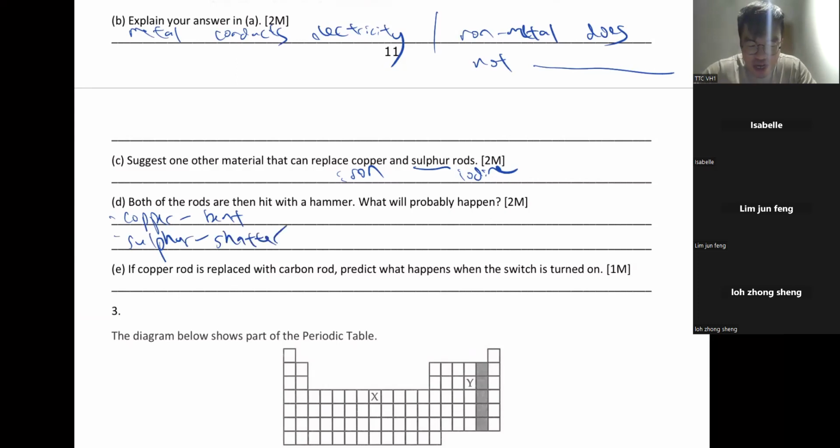Oh, by the way, sulfur is actually spelled with an F. I don't know why the British put it as an F. It was originally spelled PH. Okay, until when I was taking A levels, right? They say, oh, you know what? We have to change it to F. Bruh. I've been writing PH for the longest time. It's like suddenly, oh, you know what, we decide to change our phone to fone.